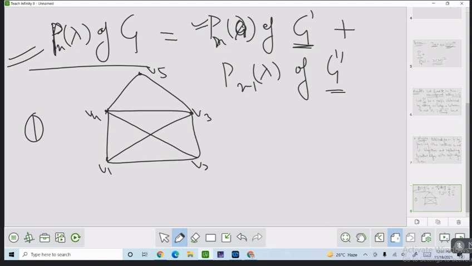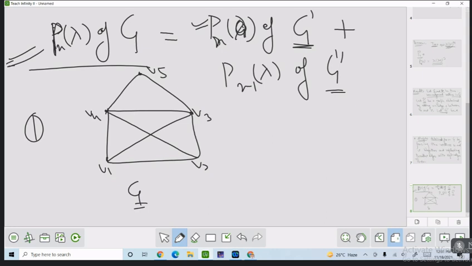Can you find the chromatic polynomial of this graph? It is not a complete graph, and it is also not a tree, because we know the formula to find the chromatic polynomial for complete graphs and trees only. So what will you do? We will apply this result.